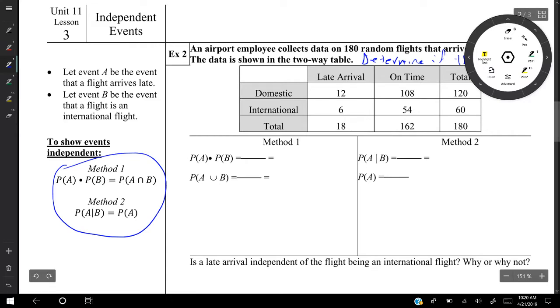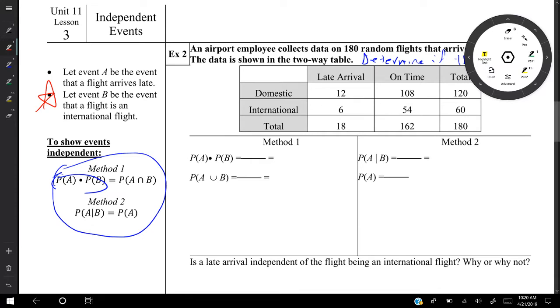So method one is, if you can show that the probability of A times B is equal to the probability of A and B, well, then they must be independent. So what is the probability of A times the probability of B? What are A and B? Let A be the event that a flight arrives late.